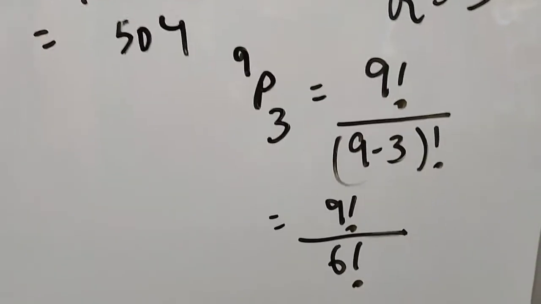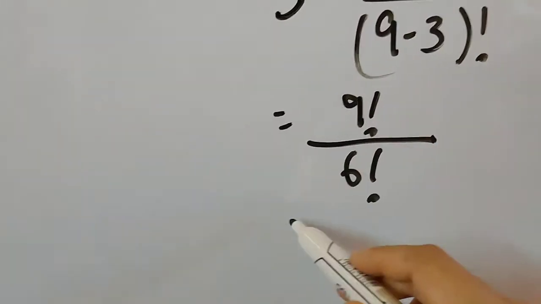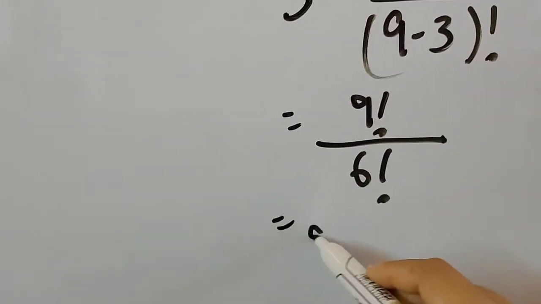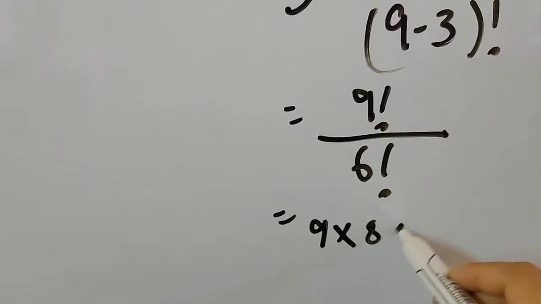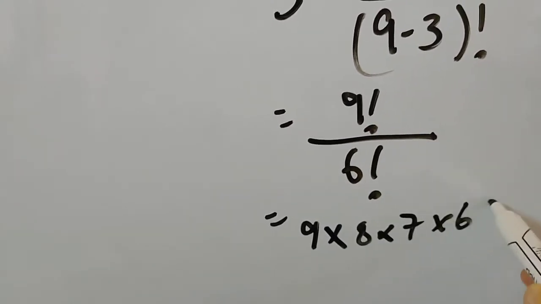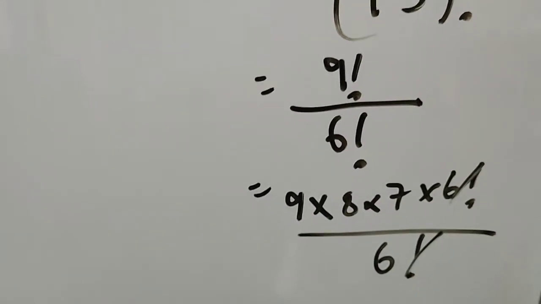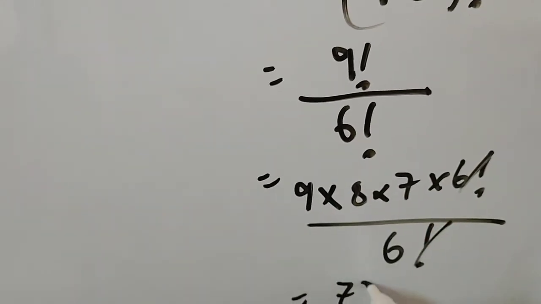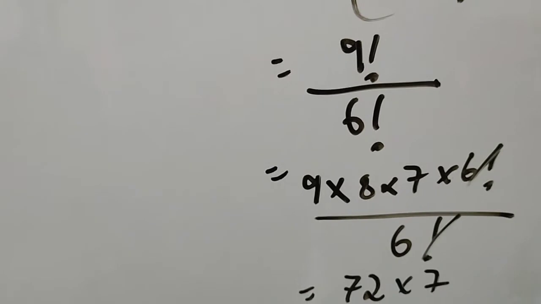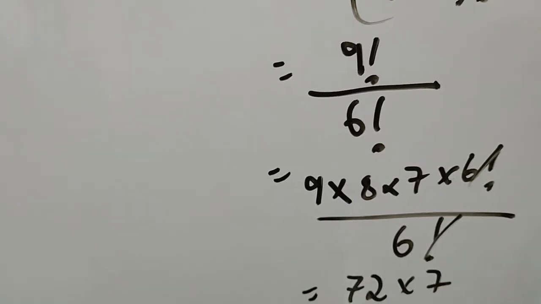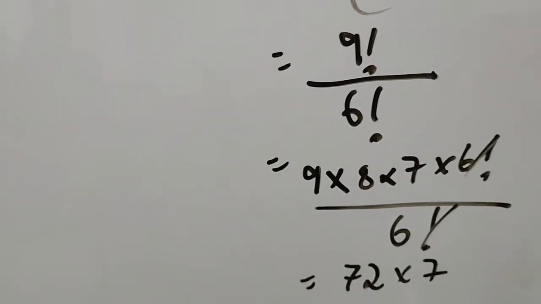Now 9 is greater than 6, so I can open 9 factorial down to 6 factorial: 9 into 8 into 7 into 6 factorial by 6 factorial. 8 nines are 72, into 7 is 504. You see?